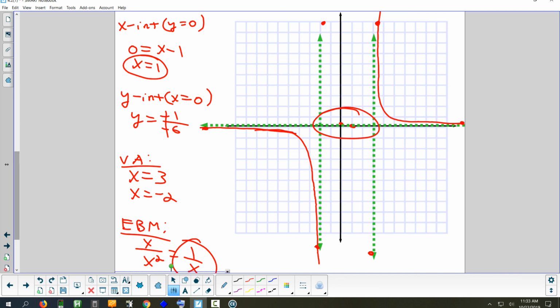The only place that it's significant is when you're far, far away from the origin. I mean, it's there, but it has no meaning in that part of the function. The only place that it has any significance at all is way out in the hallway and way out in the woods, when it's very, very far away from the origin. Near the origin, it doesn't mean anything at all.